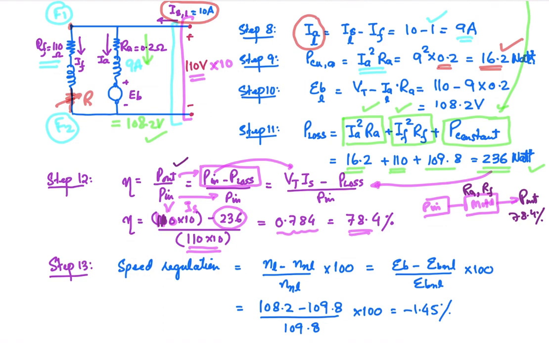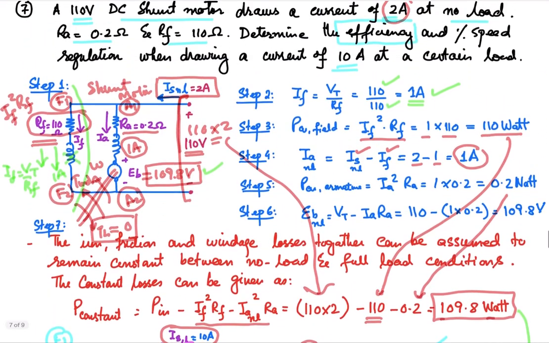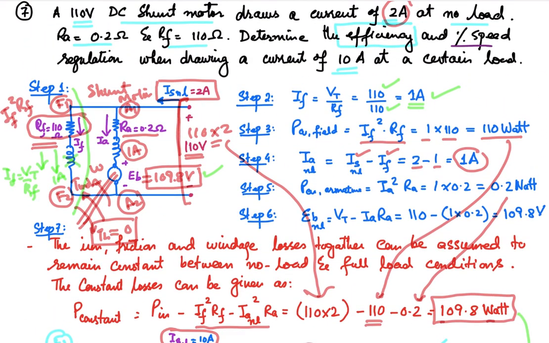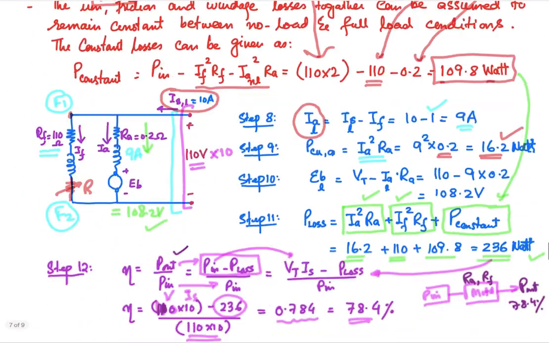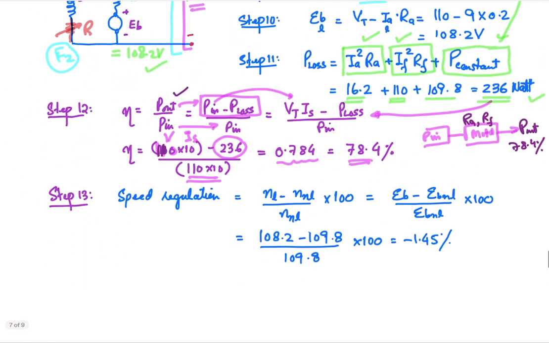Okay, now how do you define the speed regulation, because we need to calculate the speed regulation over here. Speed regulation is basically the variation in the speed from the no load state to the loaded state: the no load speed minus the full load speed, compared with the no load speed.